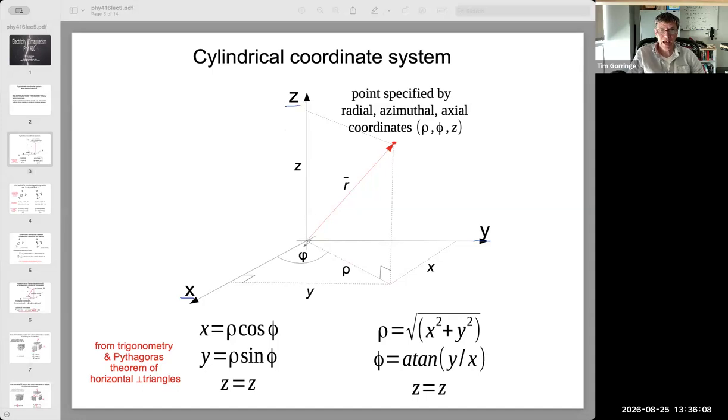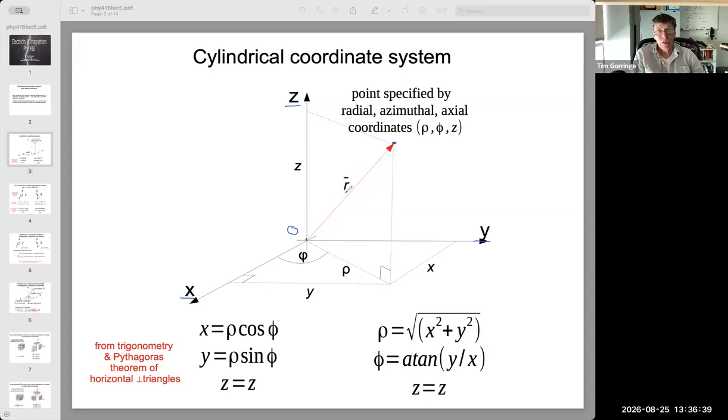Here's the three axes of rectangular coordinates, and here's the origin. Onto this plot, I've imagined a field point, just some point in space located up here. And I've imagined the vector from the origin to that field point. I called it r, the vector r.